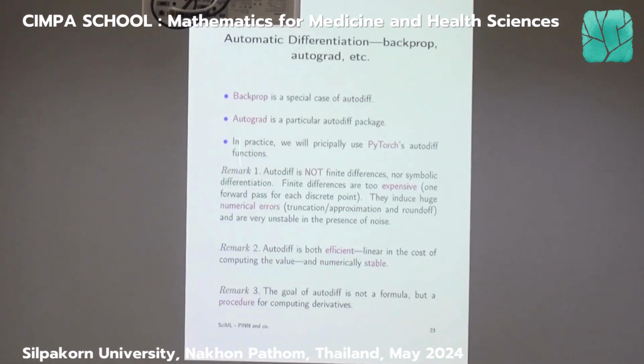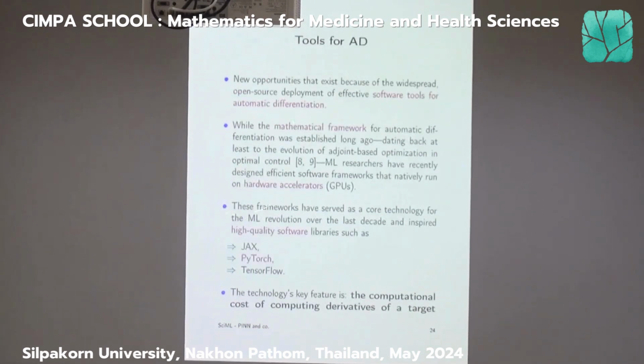Okay, so there's a few, I won't go into all the details because it is based on what's called backpropagation and autograd. These tools for automatic differentiation are available in very, very high quality software. They work very well on GPUs, so they can be computed extremely efficiently, extremely quickly. There's new software, JAX, PyTorch, TensorFlow.